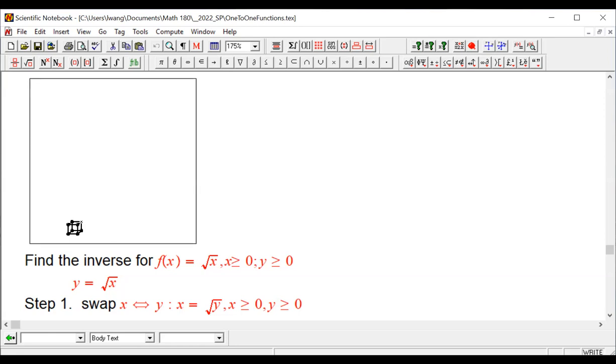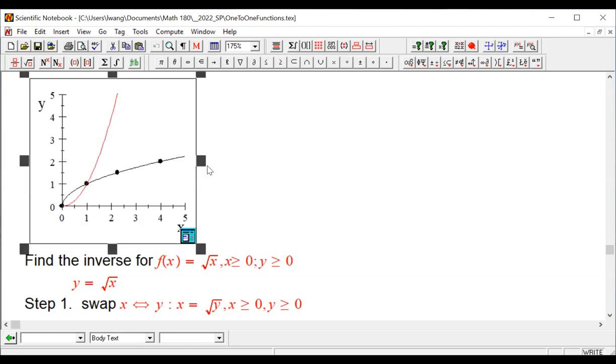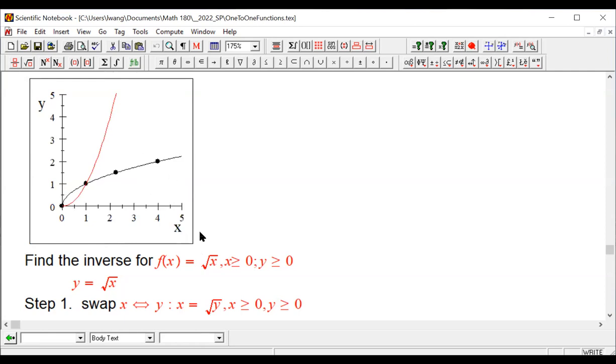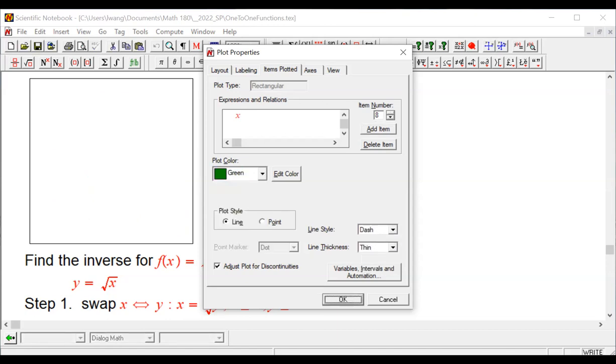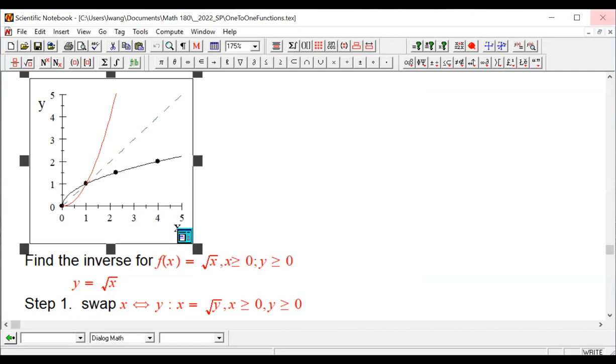So if you measure by our eyes, it looks like this one is the same as that one. So now we actually see the symmetry, right? And the symmetry along this very special line. Once again, symmetrical. Okay, so let me mark it.